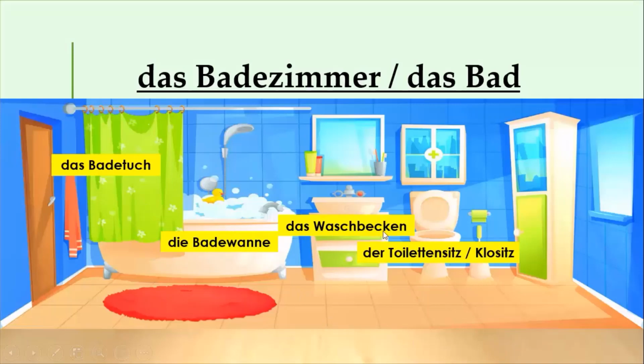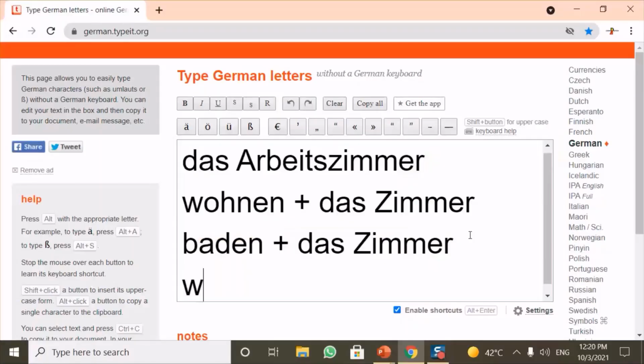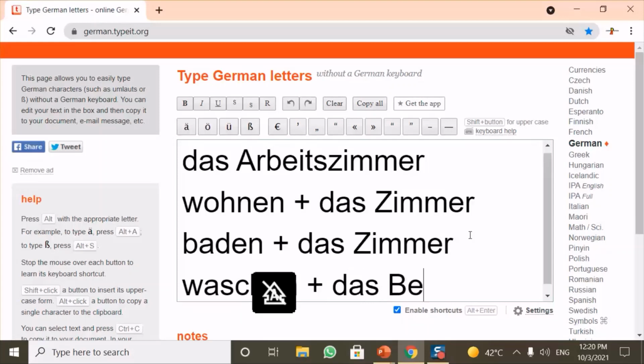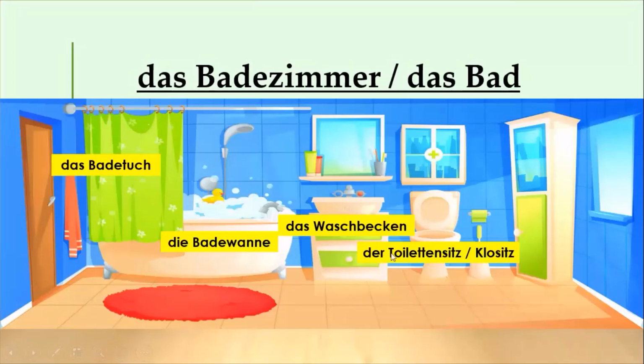Das Waschbecken. Becken is the sink or the basin, and for washing, the verb waschen is used. So the sink in which you wash is das Waschbecken. Der Toilettensitz or der Klositz.